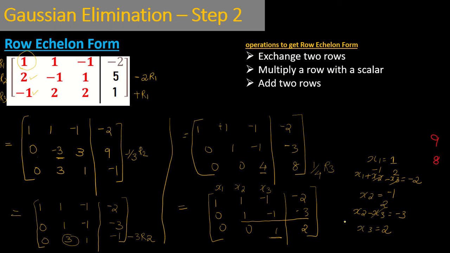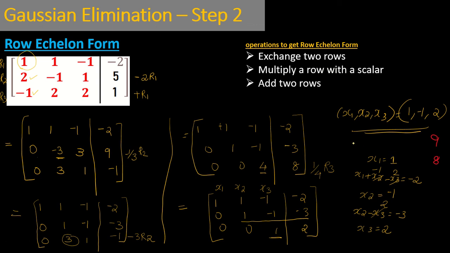Okay. So we got the solution like this. x1 is 1, x2 is minus 1, and x3 is 2. So that is the solution for this system of linear equations.